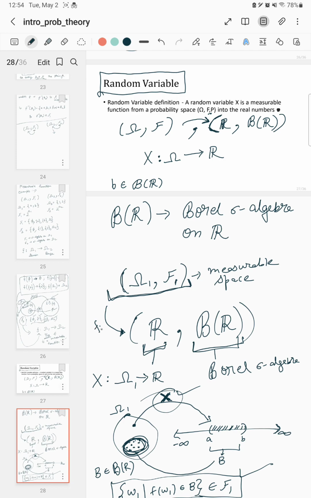So any such mapping which satisfies the condition of being a measurable function is a random variable. So this is the definition of random variable.